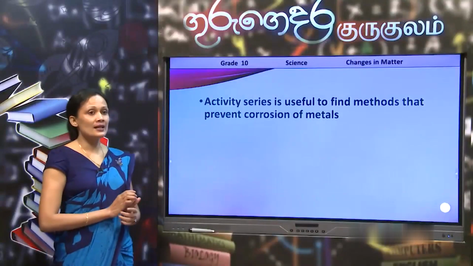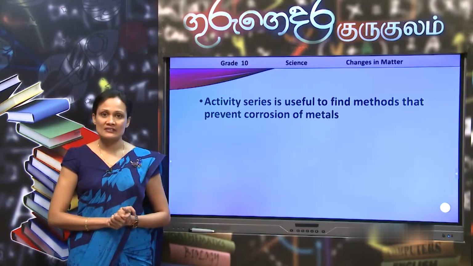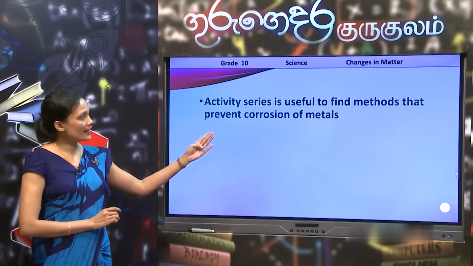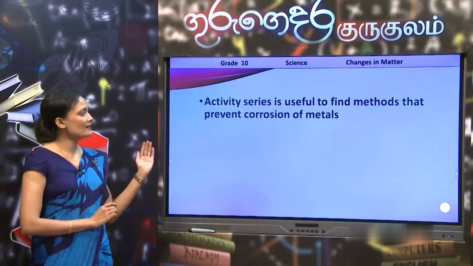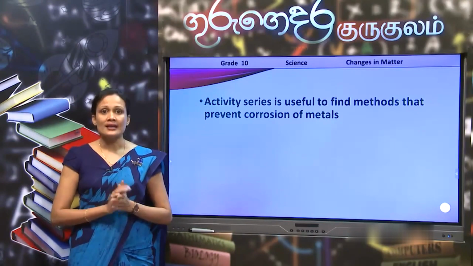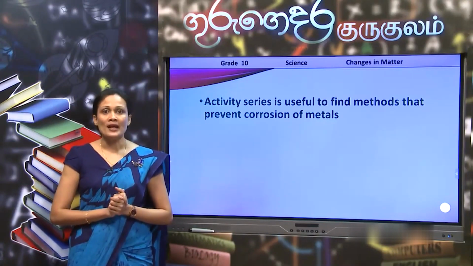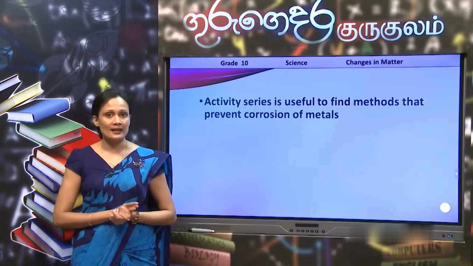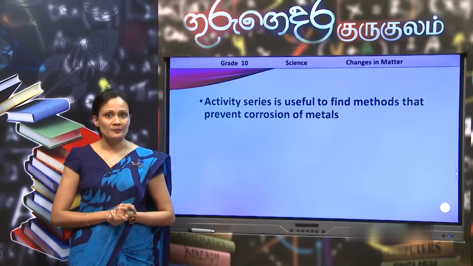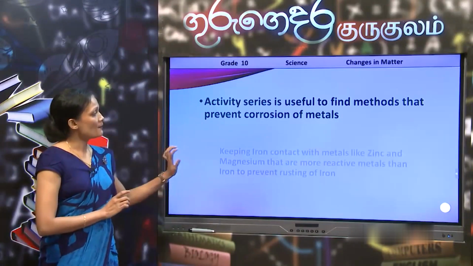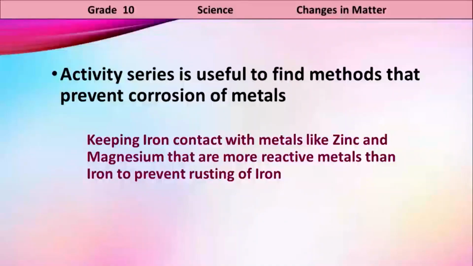Let's see another use of the activity series. The activity series is useful to find methods that prevent corrosion of metals. When metals are exposed to the air, they react with components present in the air and get corroded. To prevent that, we can use other higher reactivity metals.